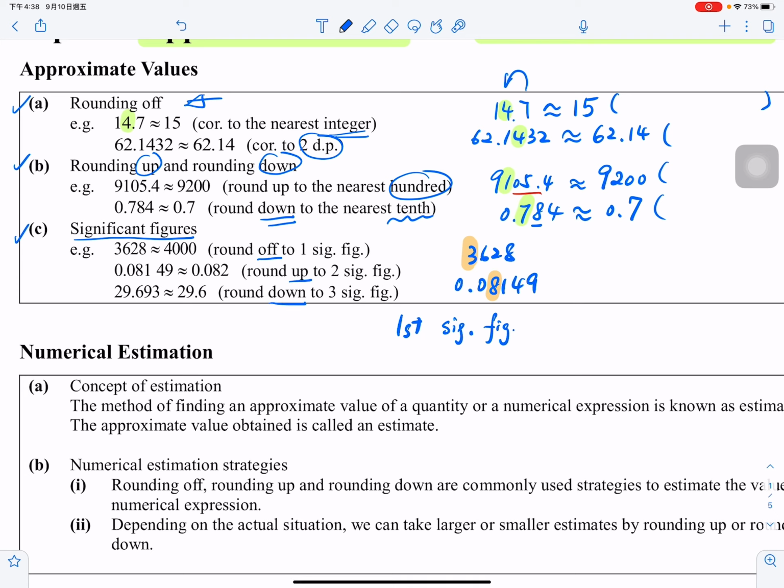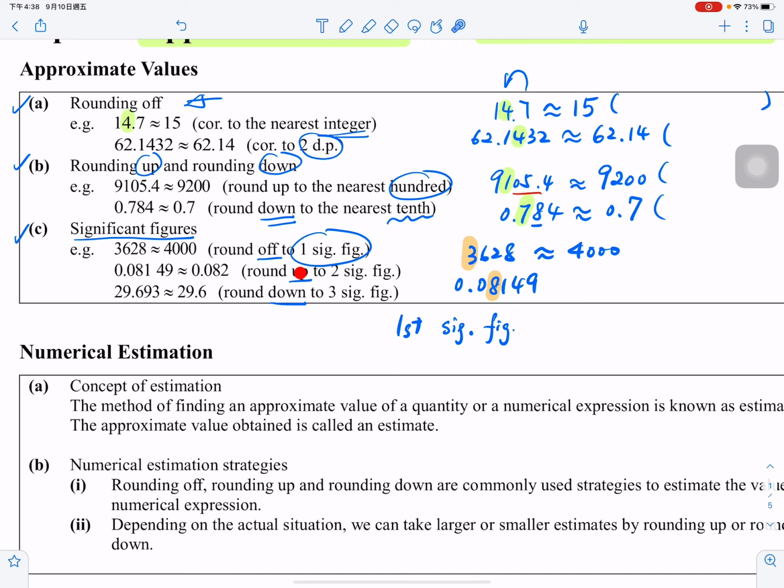So now have a look. Round off to the first significant figure, that means this one, 3. Round off means if it is 5 or greater than 5, then you need to add 1 to the highlighted digit. So this one is 4,000, because 6 is greater than or equal to 5. How about this one?